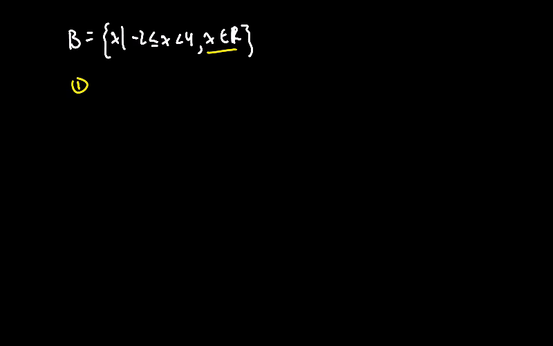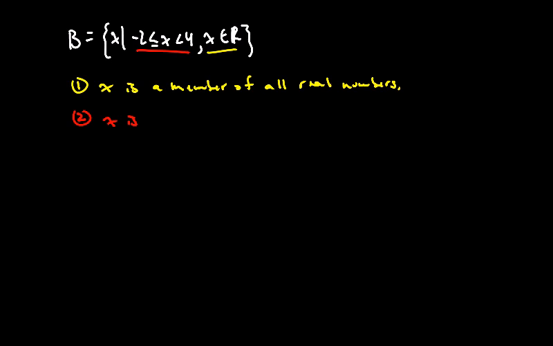So here's our first one. So X is a member of all real numbers. The next piece is this. X is between, there are probably a couple different ways that you could write this.